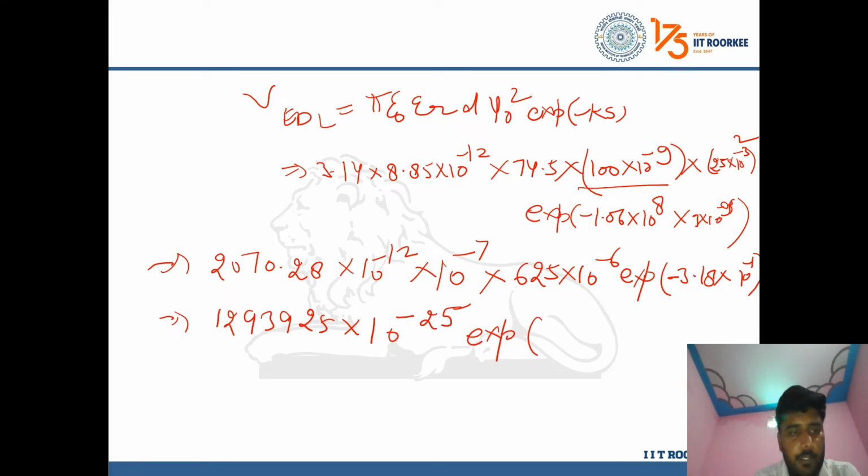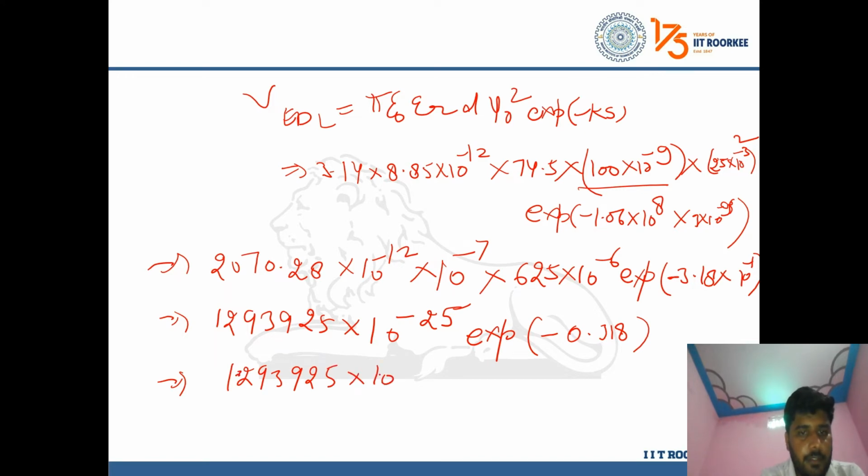Okay, and the exponential of 3.18 divided by 10, that is my 0.318. If I'm writing this, it will be 1.26 into 10 to the minus 19, and exponential of minus 3.18.